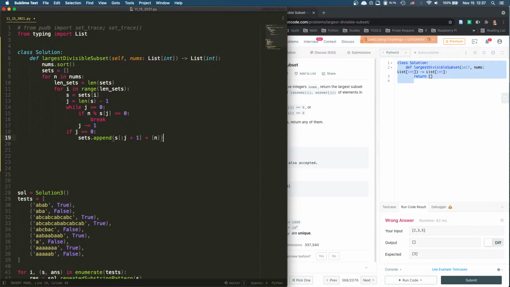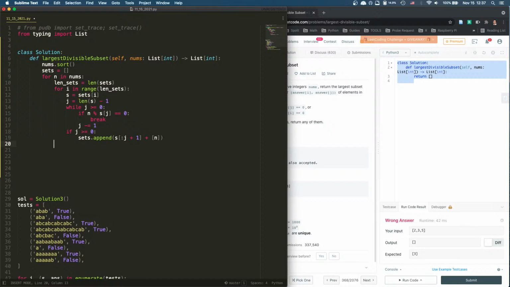If j is negative, which means nothing in this set can divide me, then I wait for the next one, until the end. So we check every single one in the set, and we create a new set.